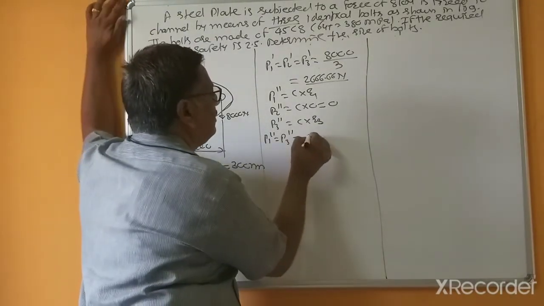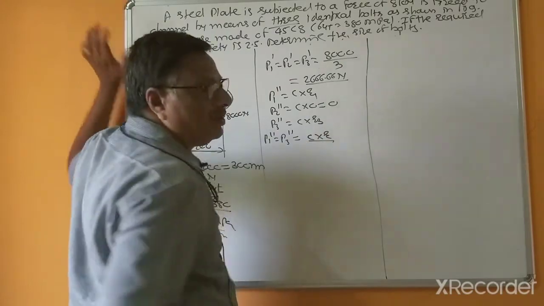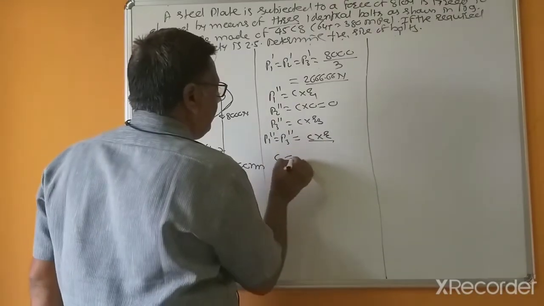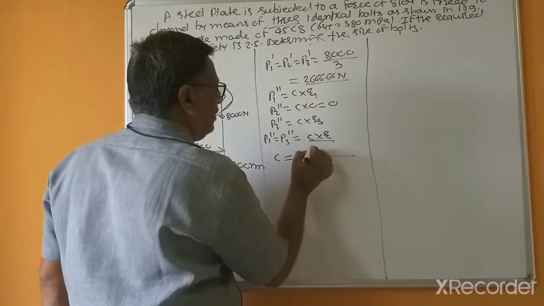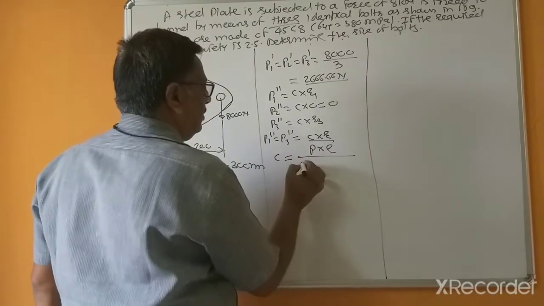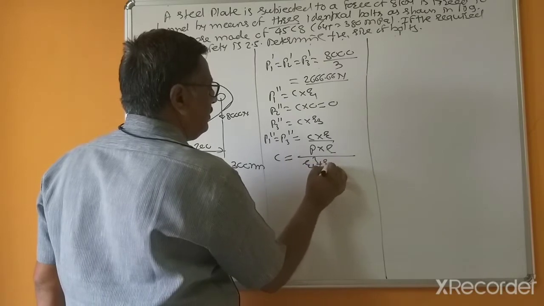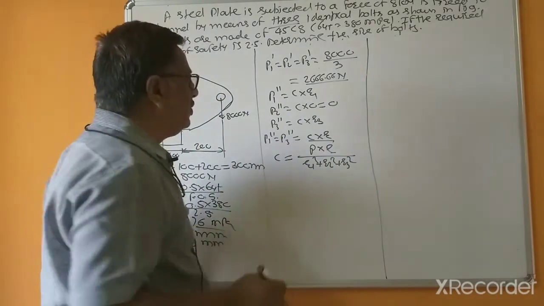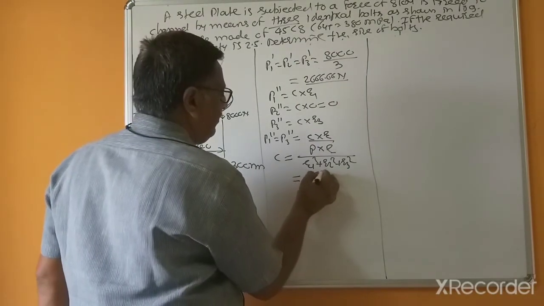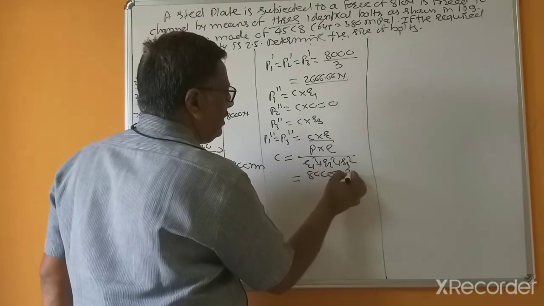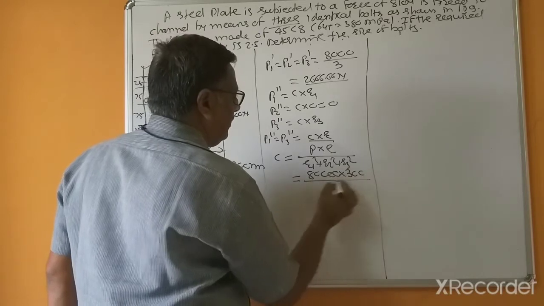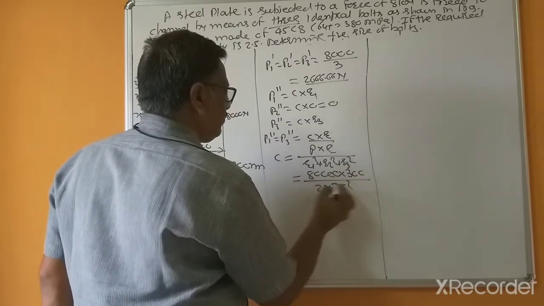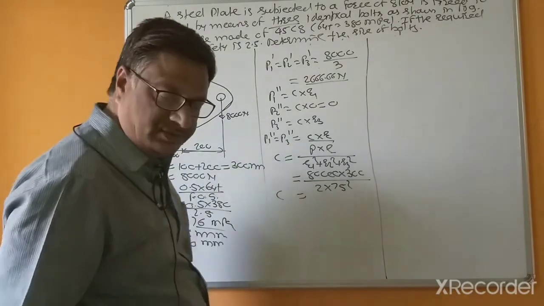So we have to calculate the value of C. Value of C equals P into E divided by R1 square plus R2 square plus R3 square. R2 equals 0, so I can write here 8000, E equal to 300, divided by 2 into 75 square.